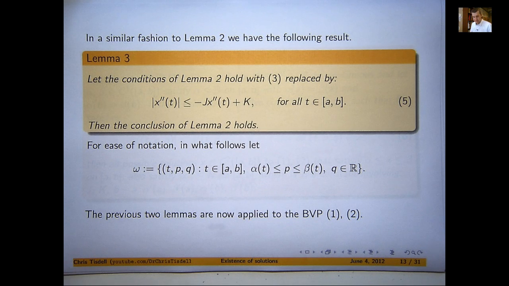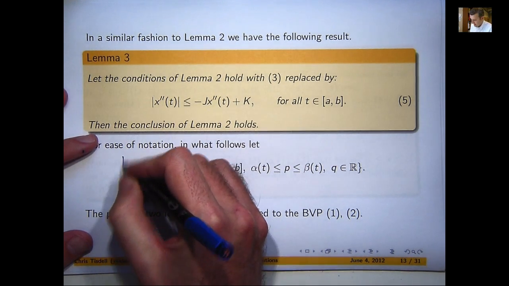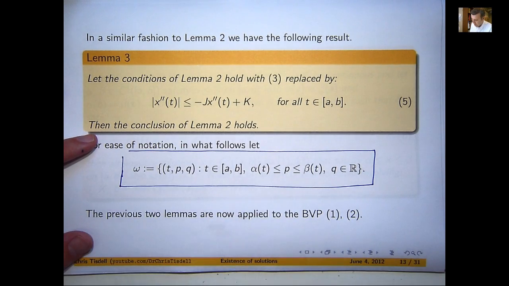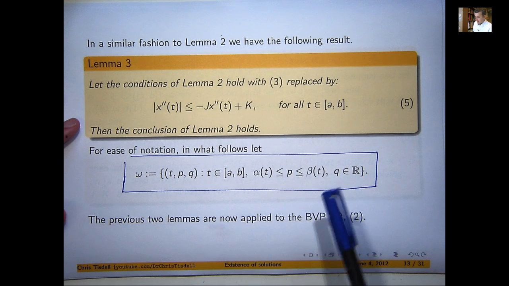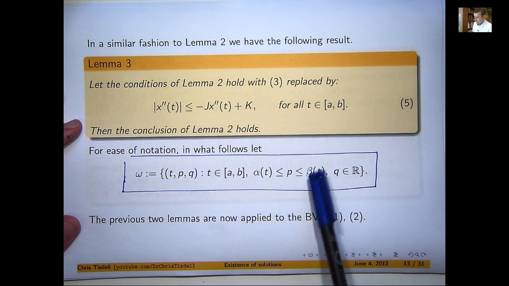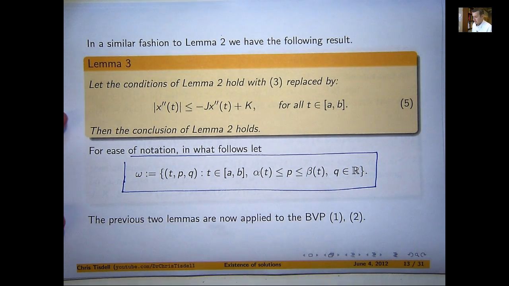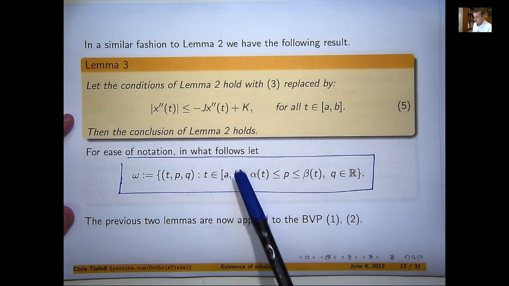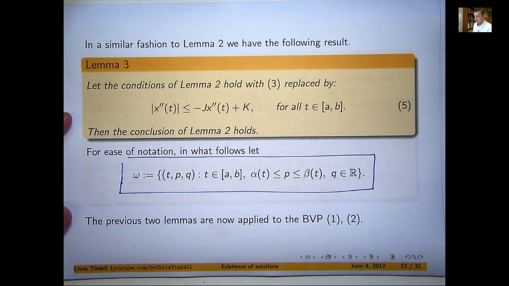So there are a couple of basic lemmas that we're going to rely on. Now, I'm going to introduce the following set, omega. Alpha and beta are going to be 2 special kinds of functions defined on this interval.